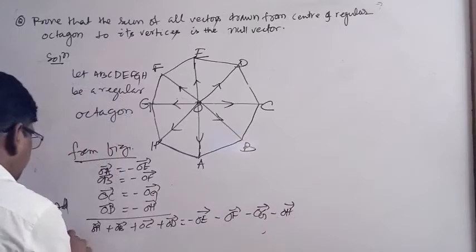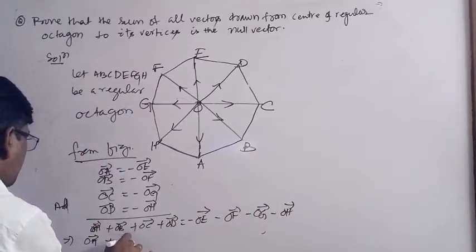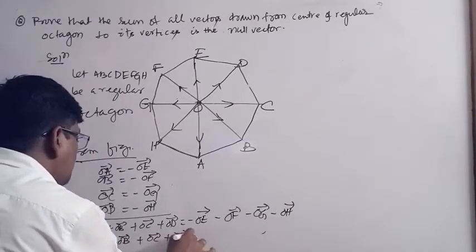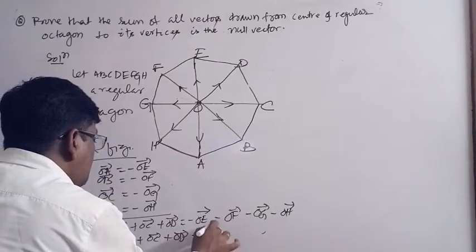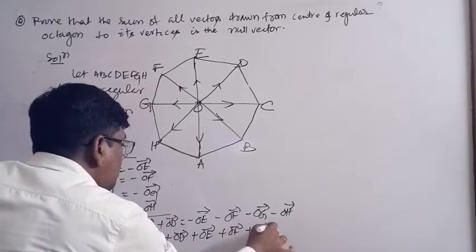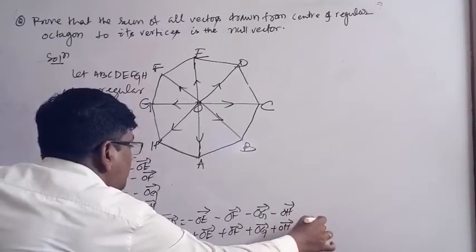Taking this to one side, OA plus OB plus OC plus OD plus OE plus OF plus OG plus OH is equal to the zero vector. This is proved.